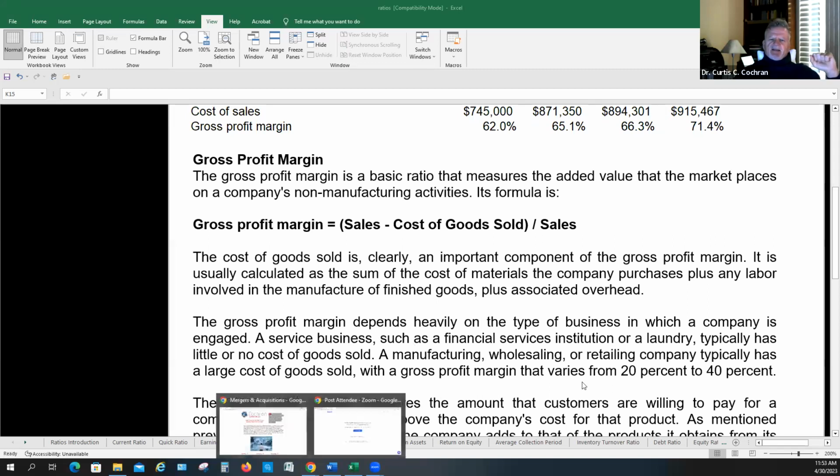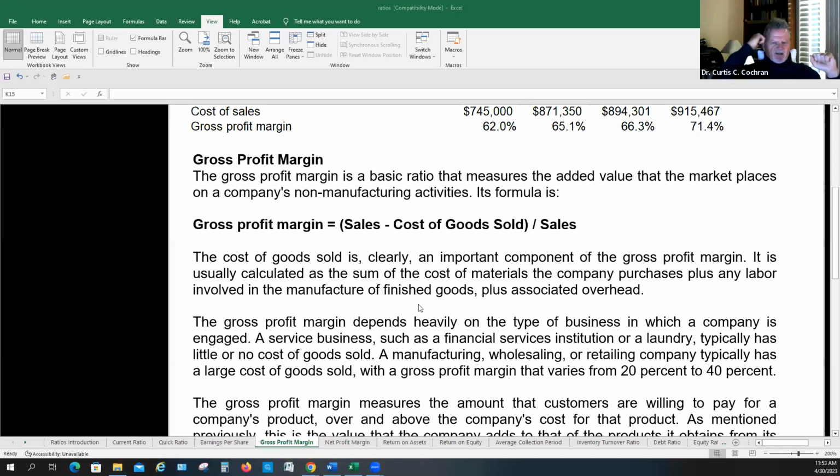Now, this second paragraph here is really important. It says in the second sentence that a service business, such as a financial service institution or a laundry, typically has little or no cost of goods. A manufacturing, wholesaling, and retailing company typically has a large cost of goods sold, with a gross profit margin that varies from 20 to 40%.